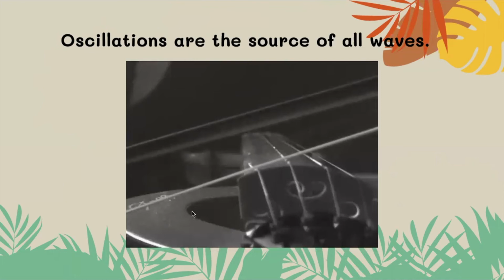All the air inside this hole is going to shake at the same frequency that that string is. So the string vibrates, that shakes the chamber, shakes the air, and then it travels shaking all the way across the room to you. So oscillations are always the source of waves.